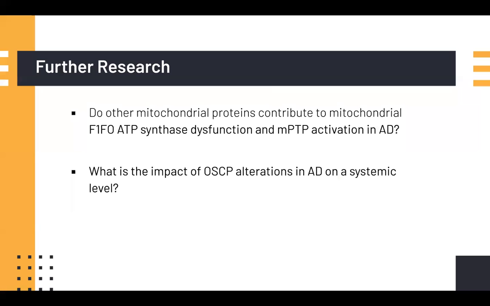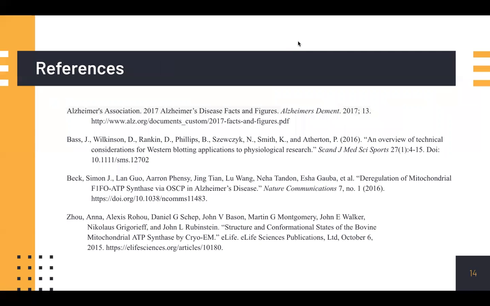In view of the complexity of mitochondrial abnormalities in Alzheimer's disease, the findings of OSCP aberrations in the study may only provide one mechanism for systemic mitochondrial dysfunction. Because of this, it is important for future studies to evaluate the impact of OSCP alterations in AD on a systemic level. And here are our references.